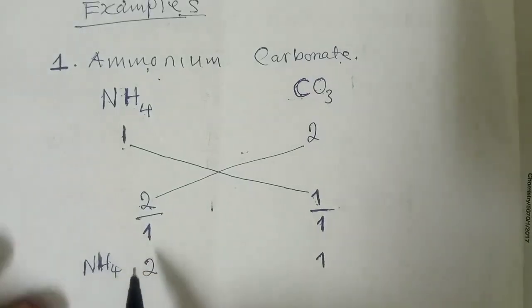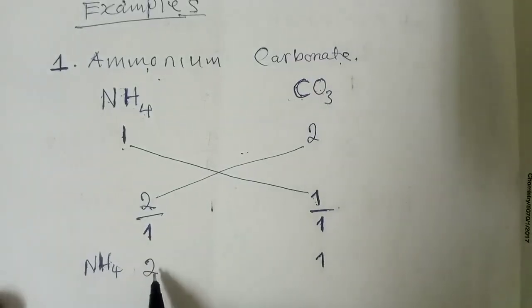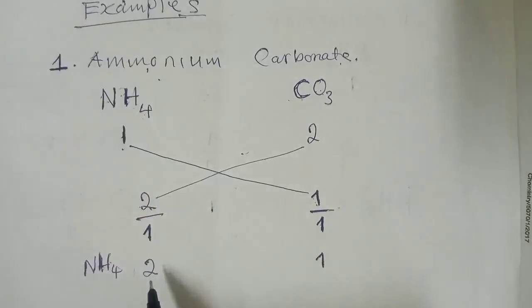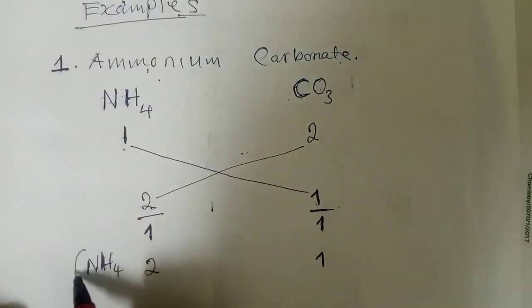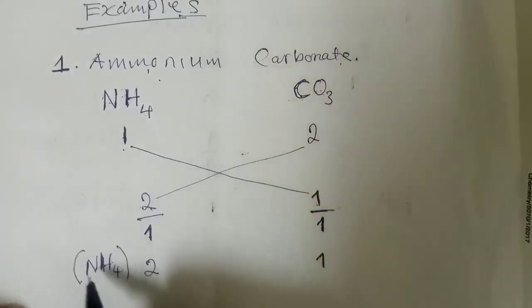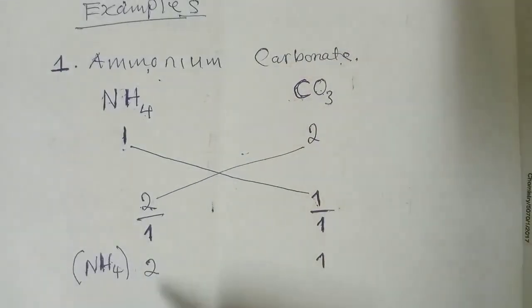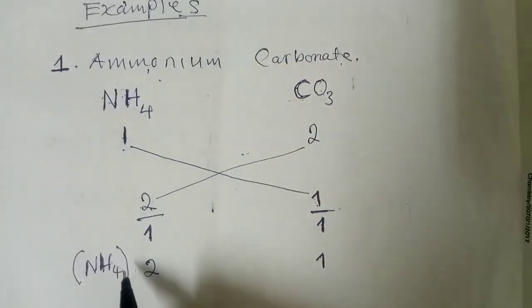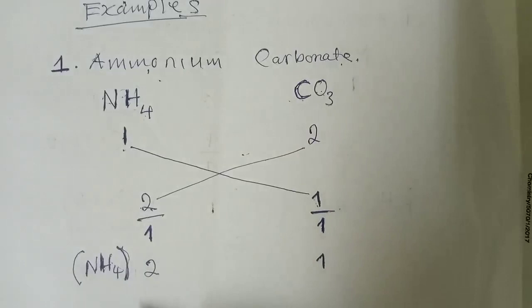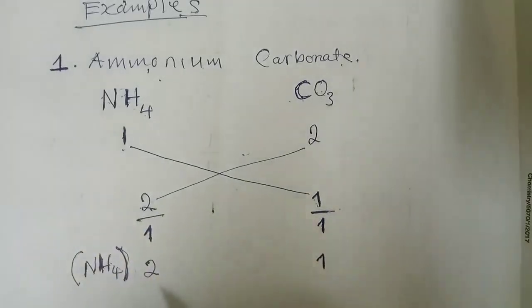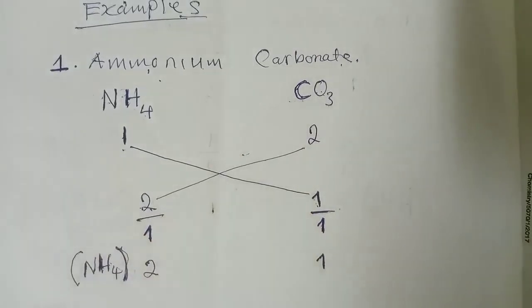For as long as this number is not 1, it is 2 and above. Remember to put the bracket, this radical inside the bracket. This is what you should do. Remember to put this radical inside the bracket, like that. If only it is a radical, not any other atom.